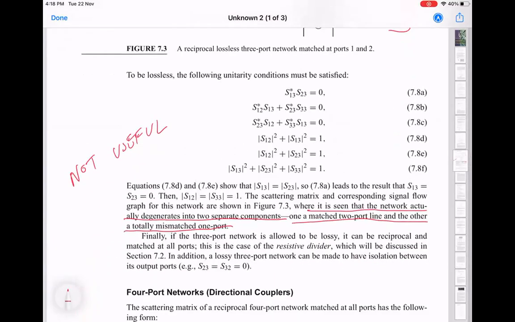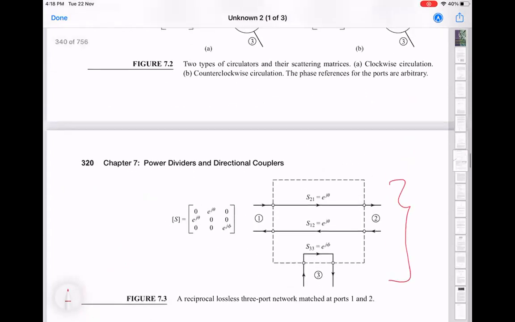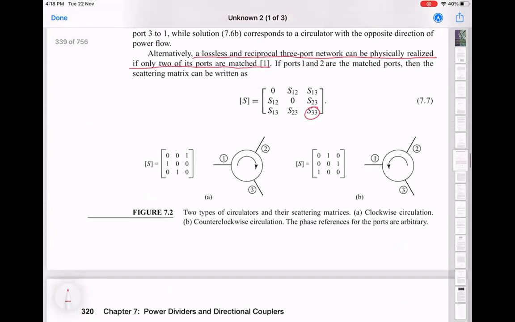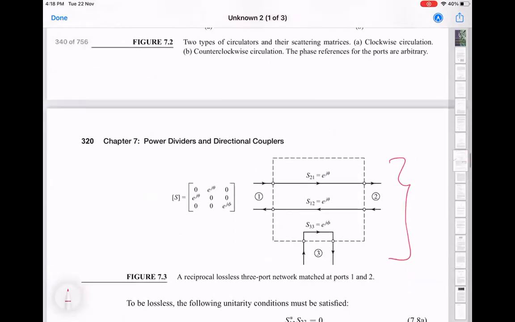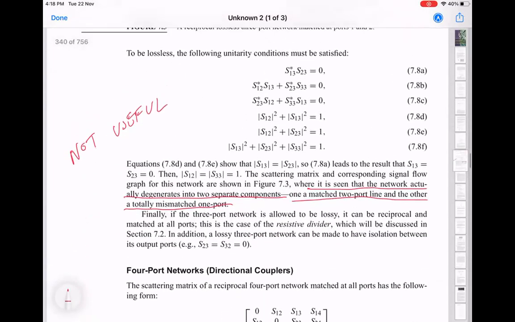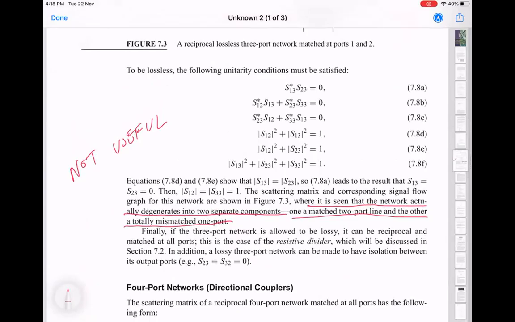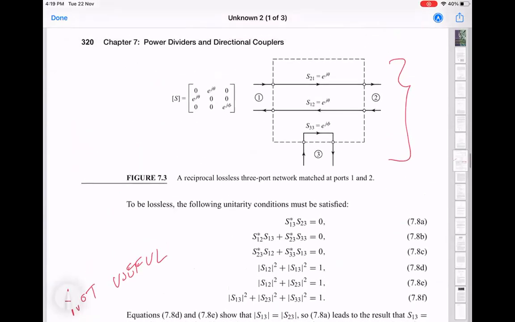So what you get after putting these conditions in here and allowing the port S3 to be mismatched, the only reasonable solution which comes out is that the network separates into two components. One is a matched 2-port line. If you look here, this is just a transmission line, a 50 ohm transmission line, which is matched, and it's bidirectional. And then the third port is actually not doing anything. It's just a separate port.